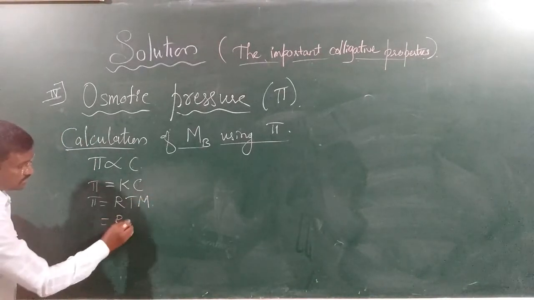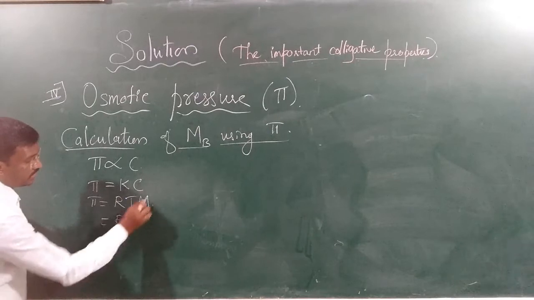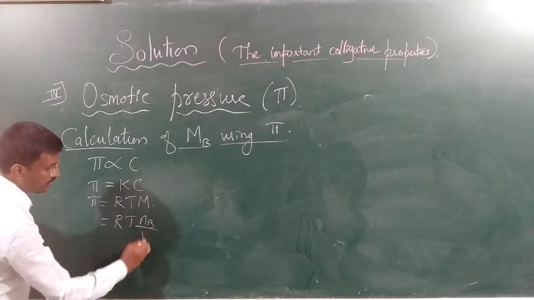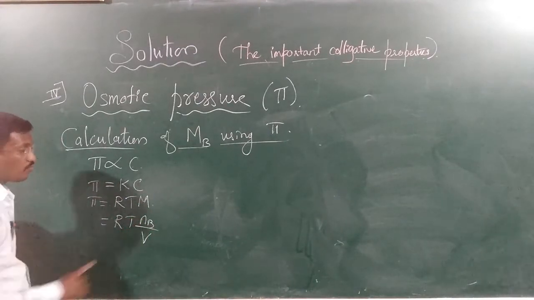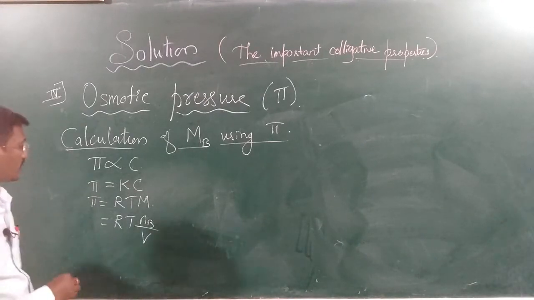Therefore, R T, M can be written as nB divided by V. nB is the number of moles of the solute divided by volume.